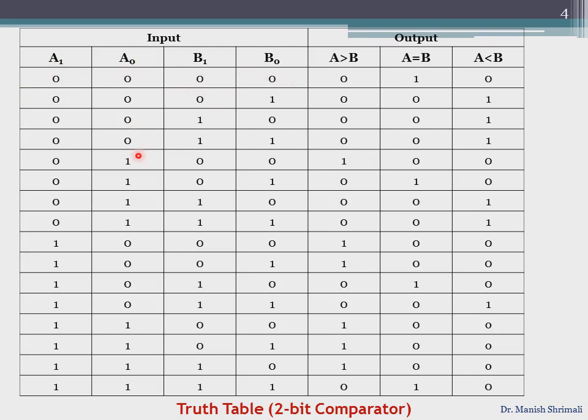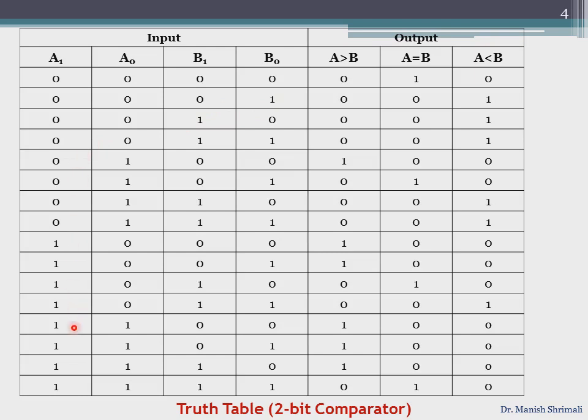Suppose I take the next row, in which here the weightage is 0, but here when it comes to B1, B0, the weightage is 1. So what we are doing is noting down the decimal equivalent of the number.